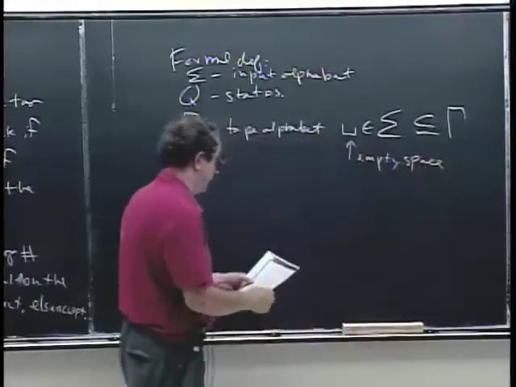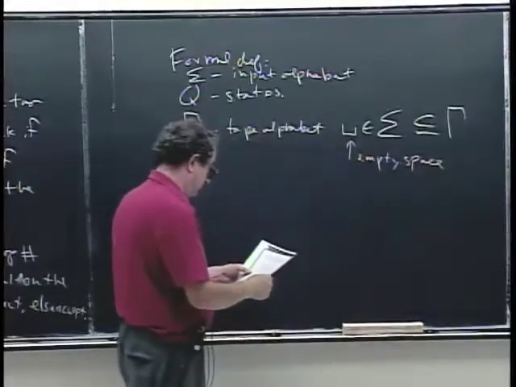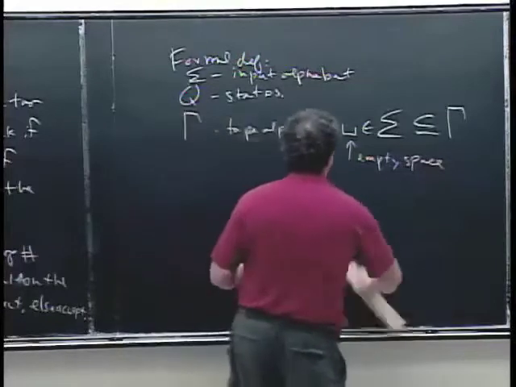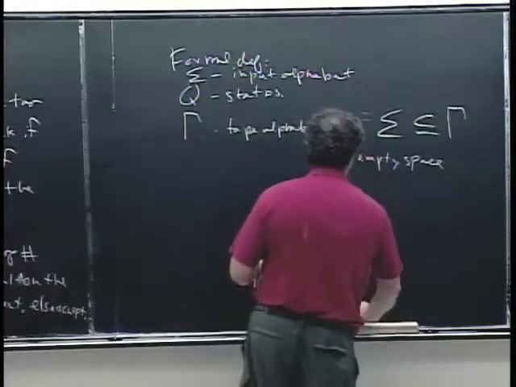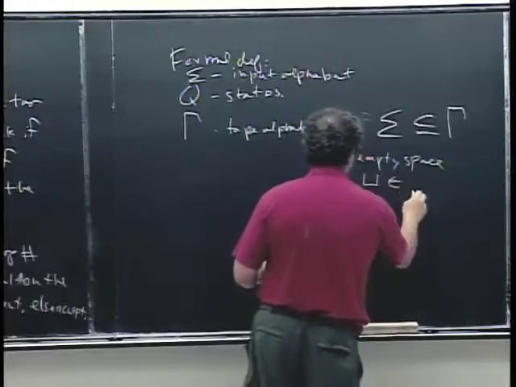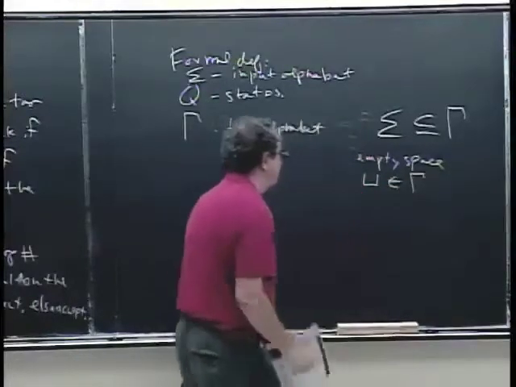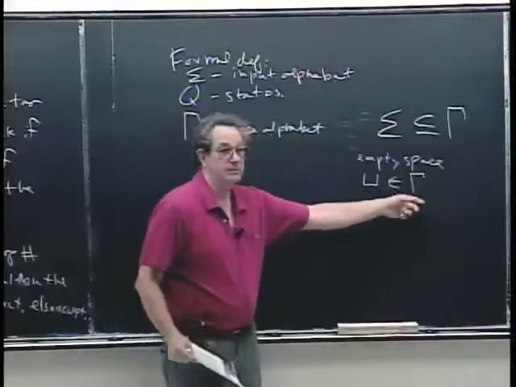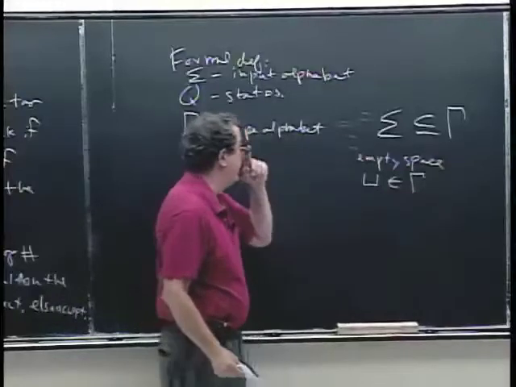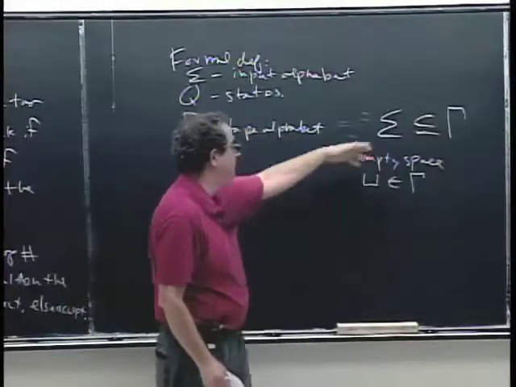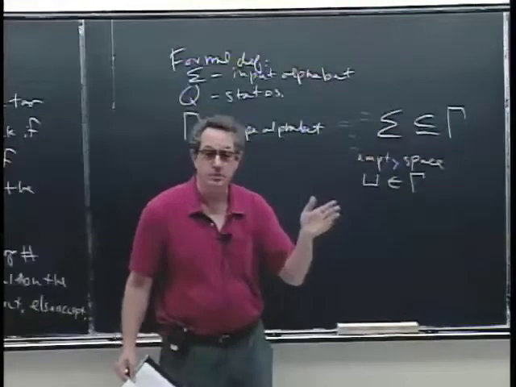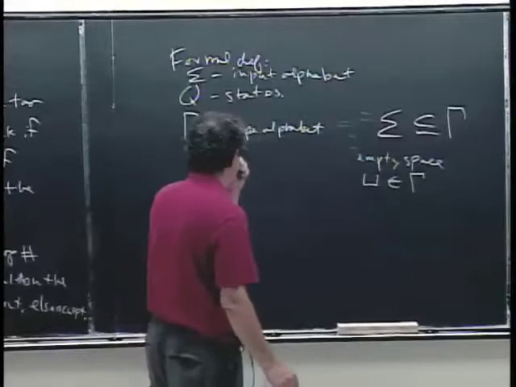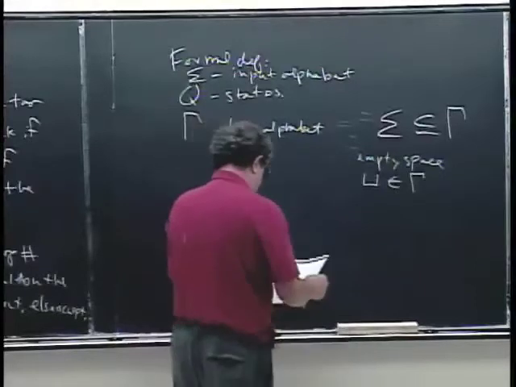The empty space is part of the tape alphabet. It's not part of the input alphabet. So the strings that you write as input don't contain empty spaces. All right.